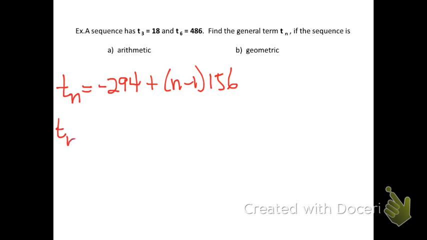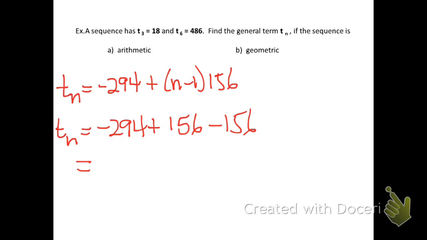So t of n is equal to negative 294 plus 156n minus 156. Sorry, I missed the n here. So I have 156n minus 450. So that will give me any term given the value of n.